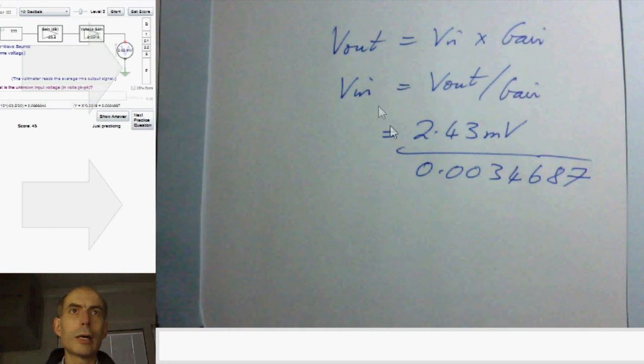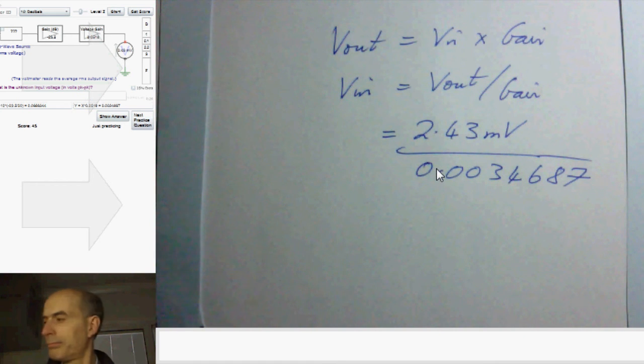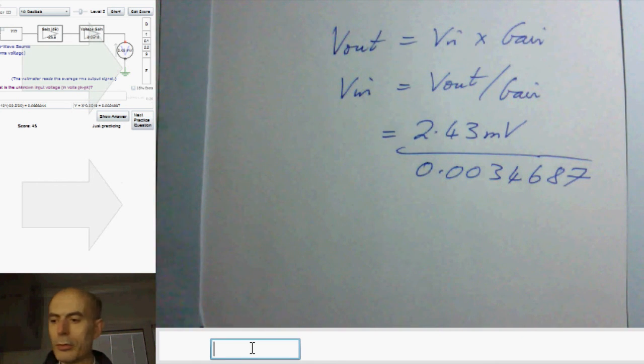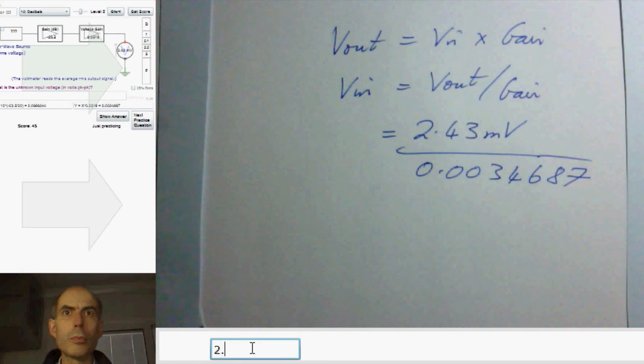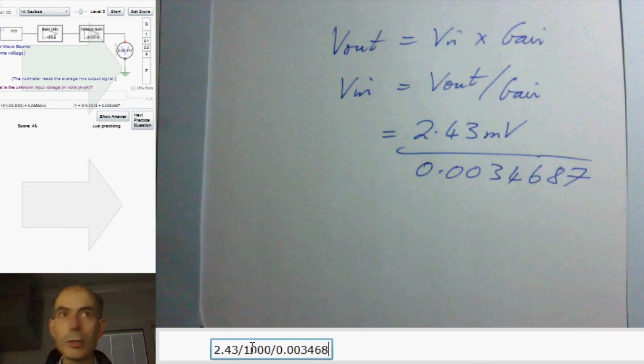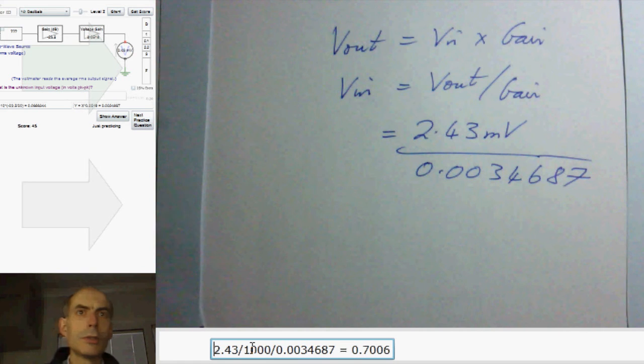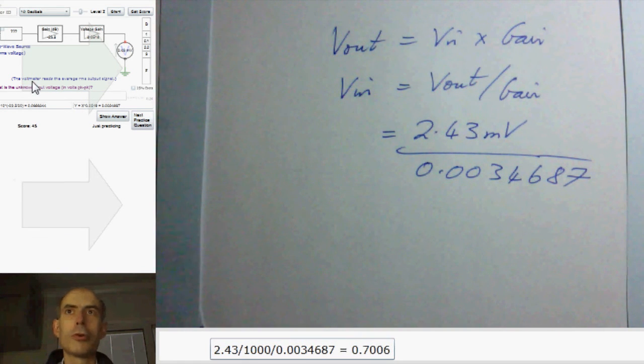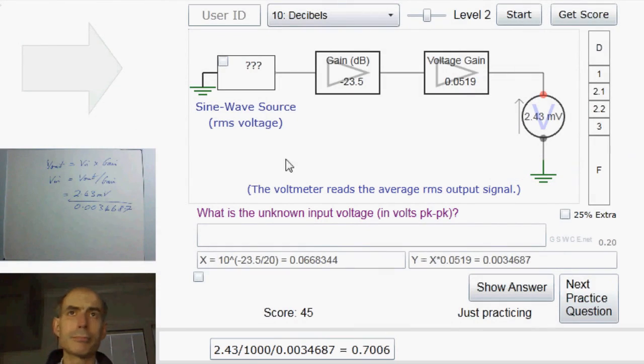So we can work out the voltage input just by doing that division. 2.43 milli divided by 0.003467, approximately 0.7. Right. So the RMS voltage here would be 0.7, but that's not what we're asked for.